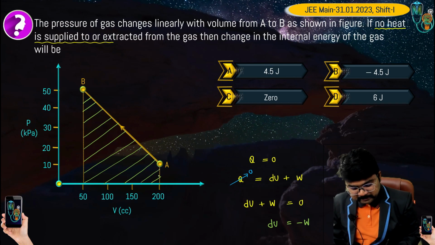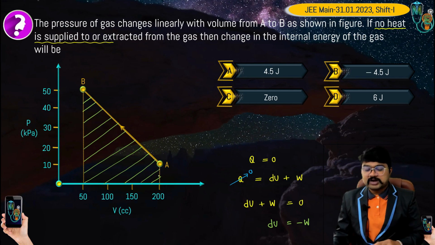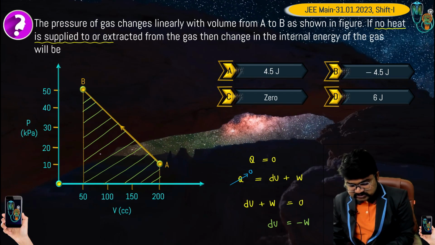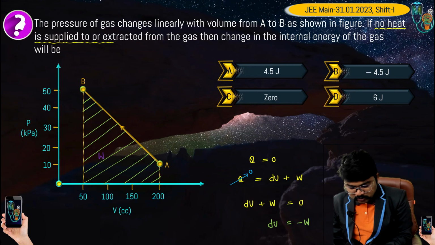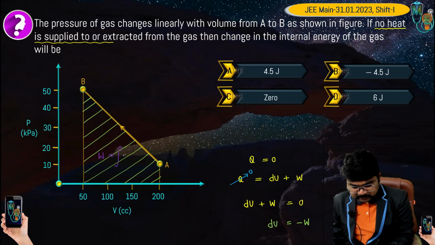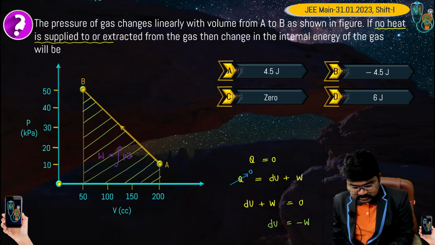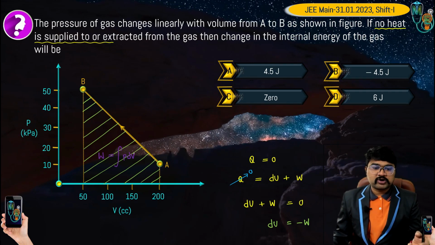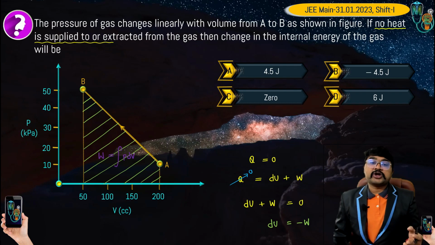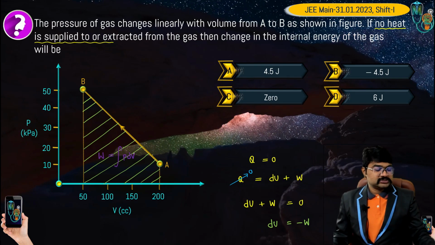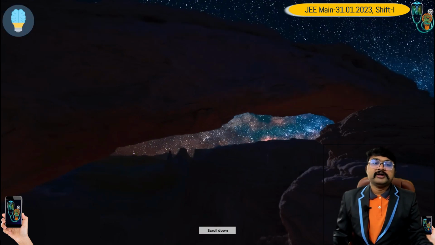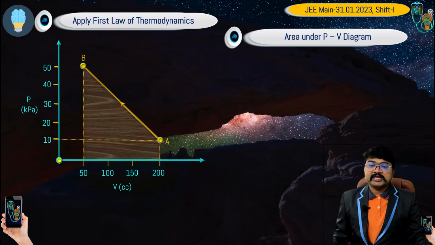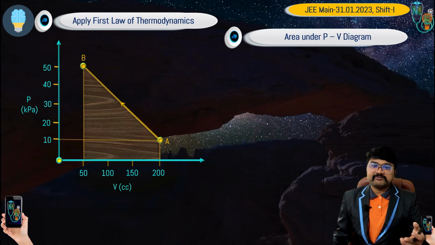This would be PDV work, and that is the work done. We need to calculate the area, then we will get the work done. Then Du equal to minus W. That is the procedure we need to solve the problem. Try to solve this problem. Here, this would be the area under the curve. We already applied the first law of thermodynamics.